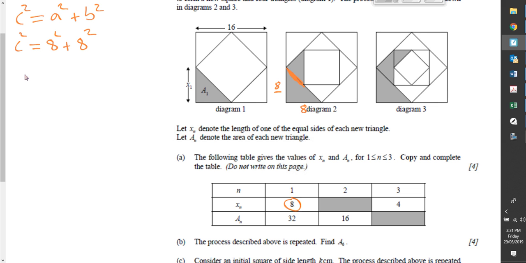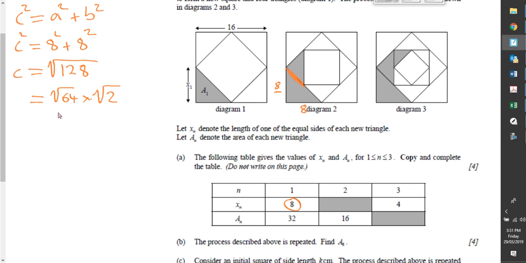But we're not trying to figure out C squared. We want to know what C is equal to, which is our hypotenuse. So C is going to be equal to the square root of 8 squared plus 8 squared. That's 64 plus 64, which is the square root of 128. Okay, now if we simplify that, we can break this down. 128 divided by 2 is going to be 64, so this is the same thing as saying the square root of 64 multiplied by the square root of 2.